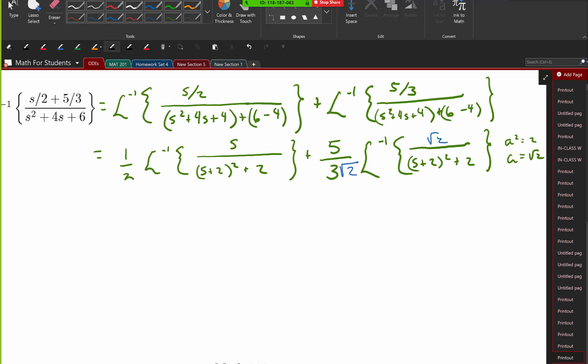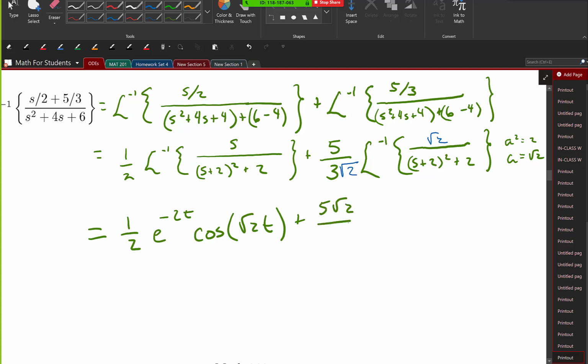Now we're ready to pull everything back, and we get 1/2 e to the minus 2t cosine of the square root of 2t plus 5 radical 2 over 6 times the sine of the square root of 2t, where I rationalize that denominator as I did it.